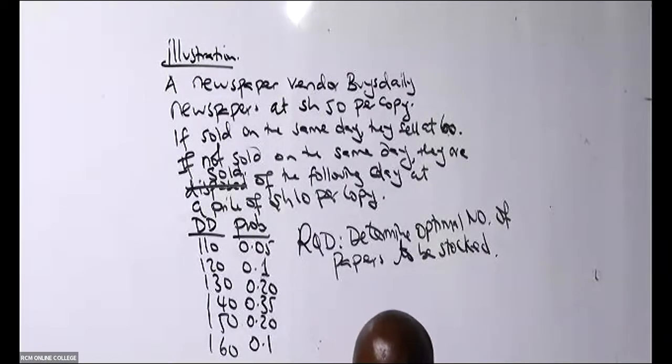They've given us the demand: 110, 120, 130, 140, 150, 160, and then the probabilities are given. Required: determine the optimal number of papers to be stocked.